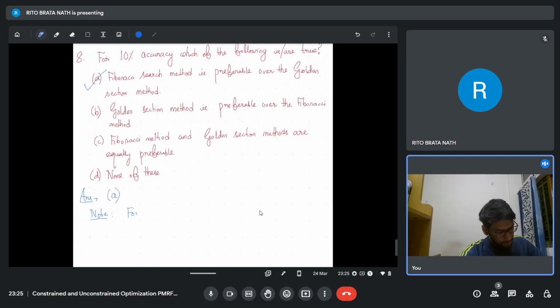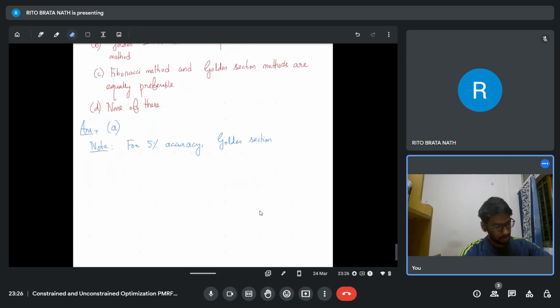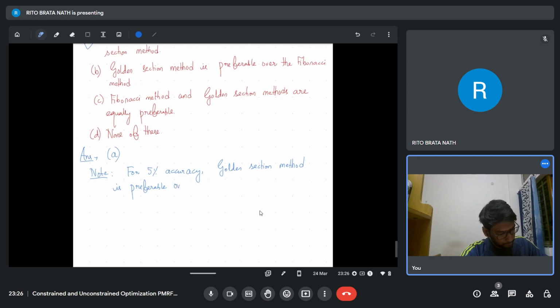For 5% accuracy, the golden section method is preferable over the Fibonacci method.